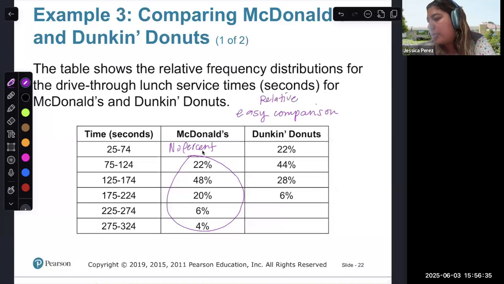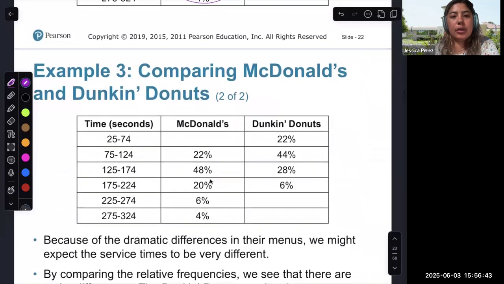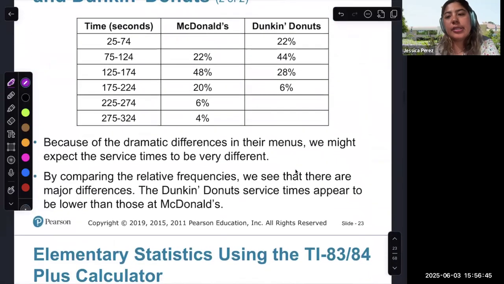Again, this is a relative distribution because we're looking at a percent. Because of the dramatic differences in their menus, we might expect that times will be different. And again, having those relative frequencies makes it much easier to do.